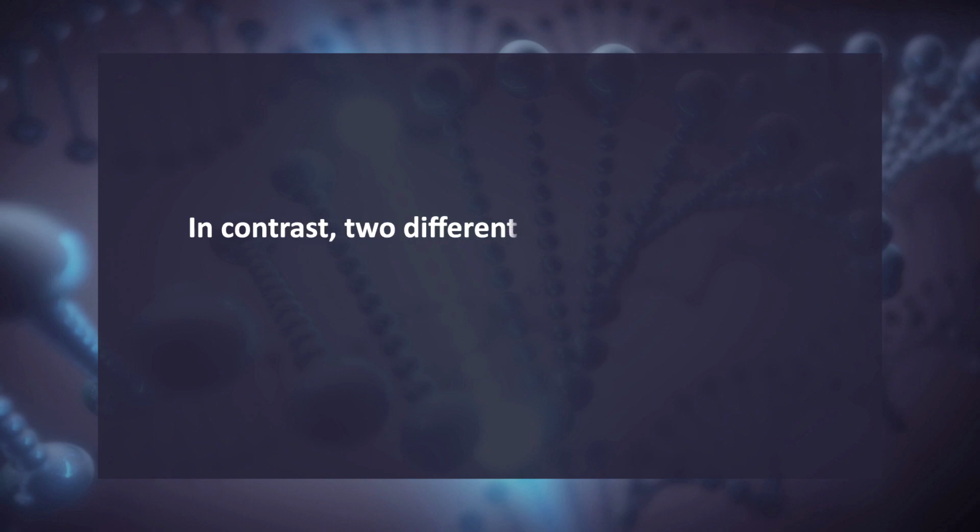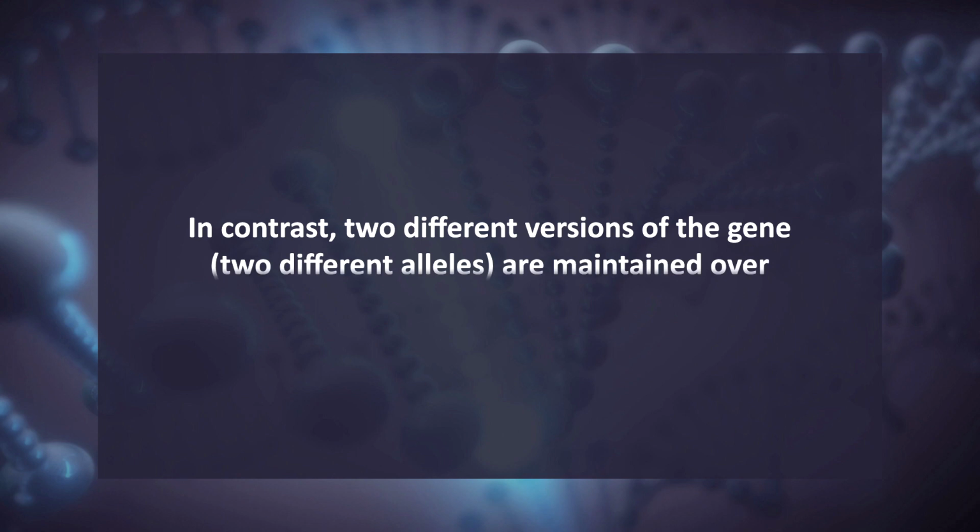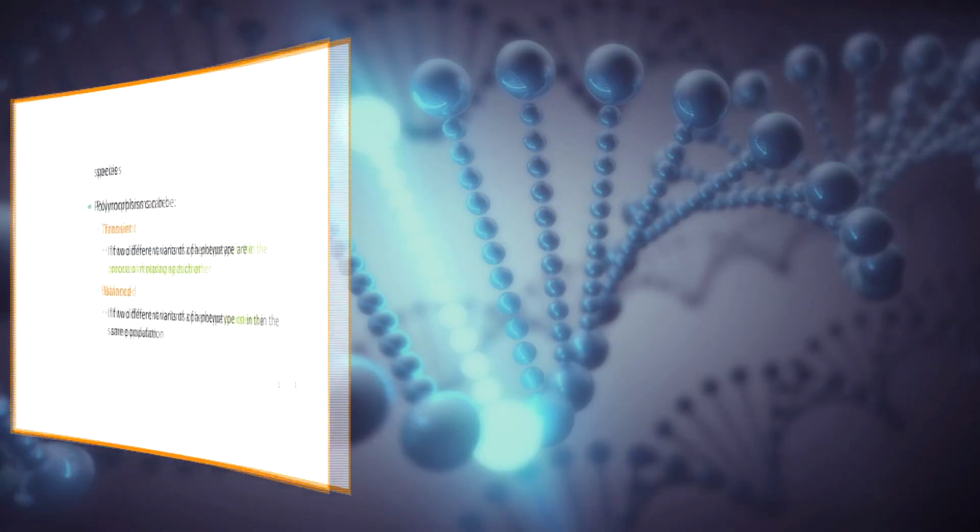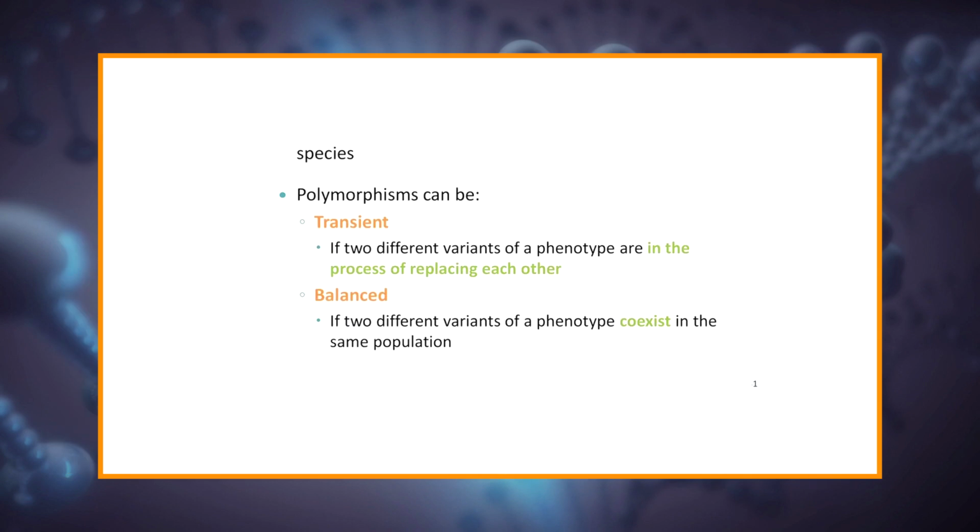In contrast, two different versions of the gene, that is, two different alleles, are maintained over time in balanced polymorphism. Therefore, both types of alleles are maintained. Thus, this is the key difference between transient and balanced polymorphism. Transient and balanced polymorphism can lead to phenotypic change and may alter protein expression.